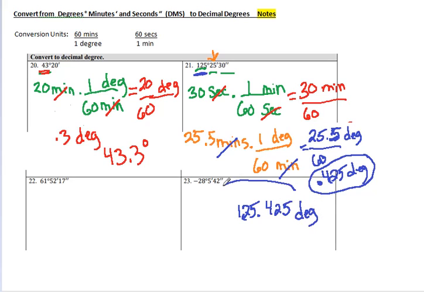So we have taken it out of this degree, minutes, seconds, and put it into just plain old decimal degrees like that.